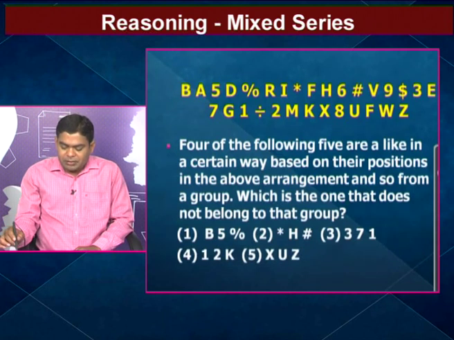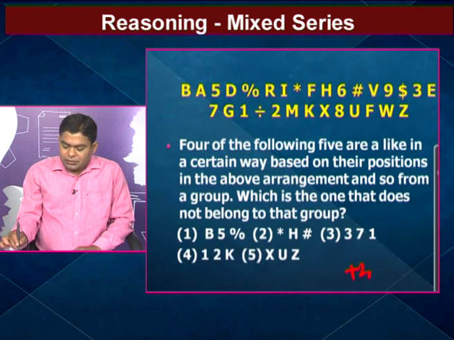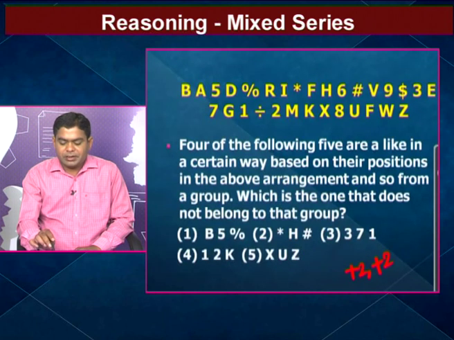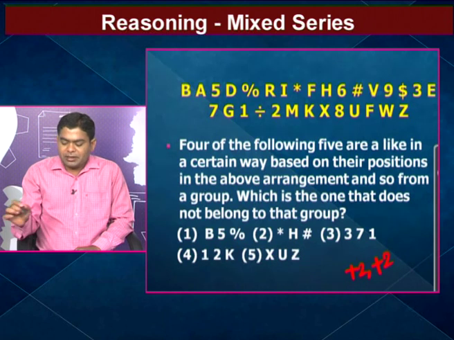That means the rule is plus 2 to the first letter, then we get the next letter. Again the second one is plus 2, then we get the percentage. So the relation between 5 and percentage is the second element after 5, that means the rule is plus 2, plus 2.